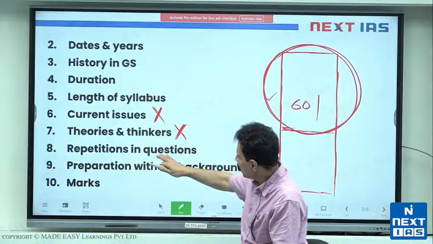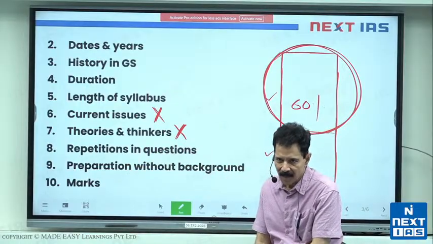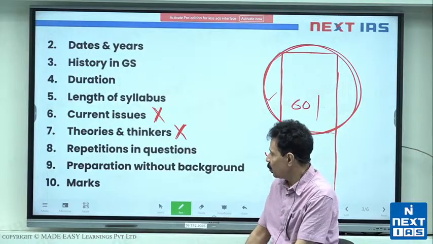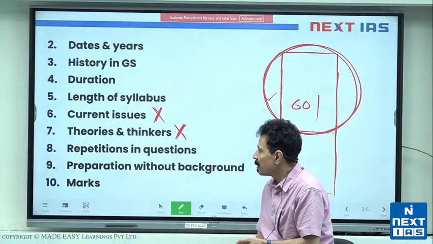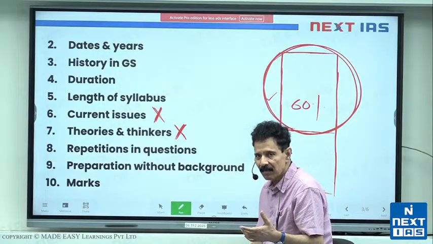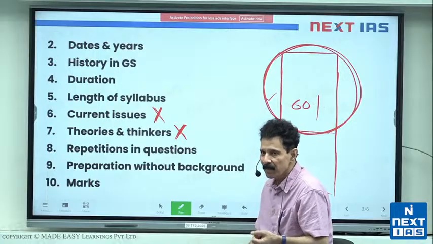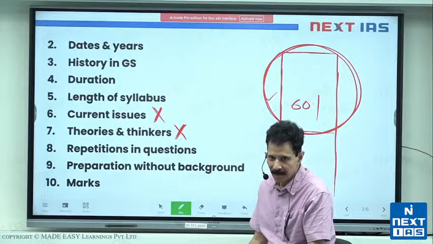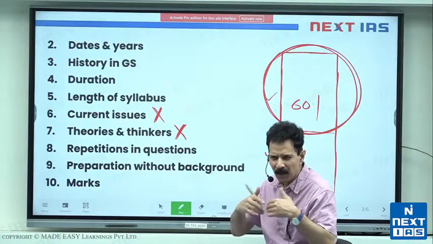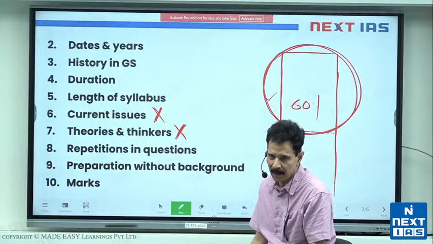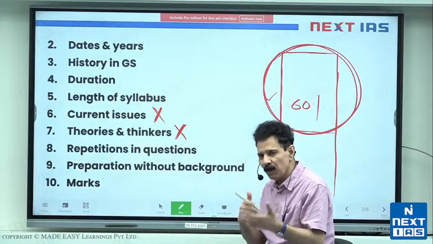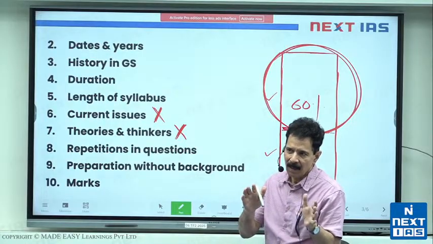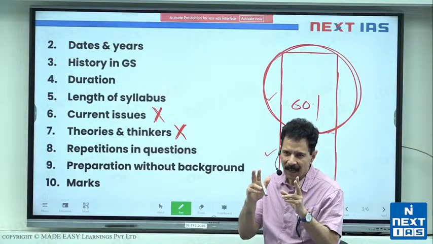Now, 8 is repetitions in the question. In history, this is also something that makes your preparation easier. How? Because if repetitions are not there, this means you have to do so many things, always there are new things. When you find a lot of repetitions are there, then you can gauge the pattern also.